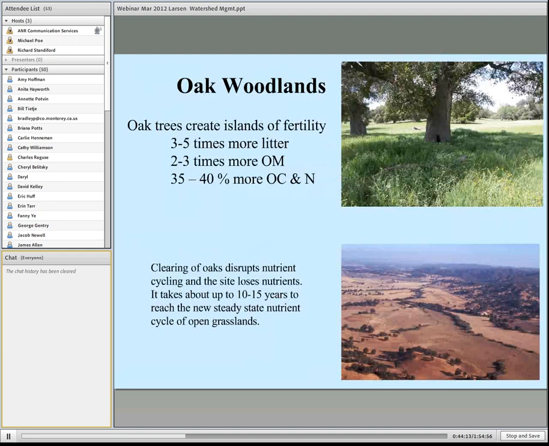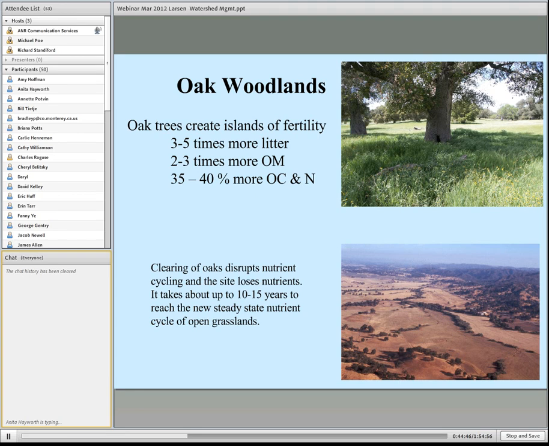In addition to erosion, when we start looking especially at our oak woodlands and the trees, we find that an individual tree really has an impact on the fertility of the soil, and they have these little islands of fertility. There will be 3 to 5 times more litter under a tree than out in the open grassland, 2 to 3 times more organic matter, and 35–40% more organic carbon and nitrogen.